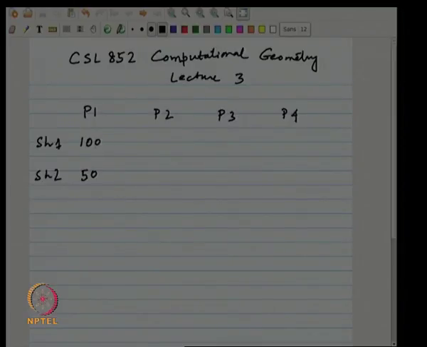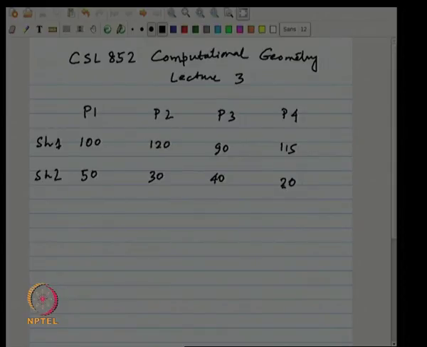Person 2 owns maybe 120 shares of this and maybe 30 shares of this. Person 3 owns 90 shares of type 1 and 40 shares of type 2. Person 4 owns 115 shares of type 1 and 20 shares of type 2.